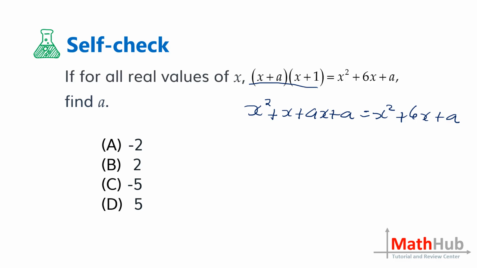So we cancel x squared and x squared, a and a, so we have x plus ax equals 6x. What does that mean? So that means for x plus ax to be equal to 6x, that means that a should be equal to 5, right? So that x plus 5x equals 6x. The answer is letter D.